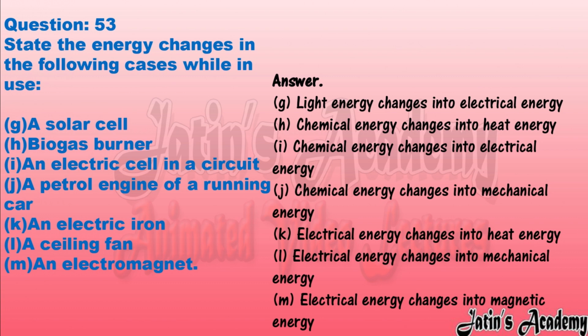Chemical energy changes into mechanical energy. 11th, an electric iron. Answer. Electrical energy changes into heat energy. 12th, a ceiling fan. Answer. Electrical energy changes into mechanical energy. 13th, an electromagnet. Answer. Electrical energy changes into magnetic energy.